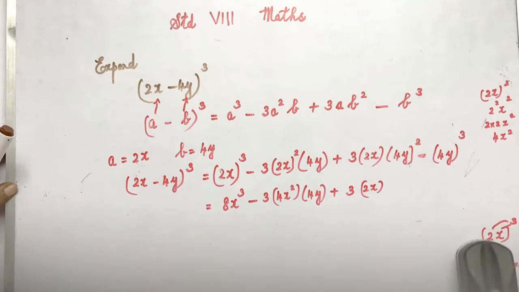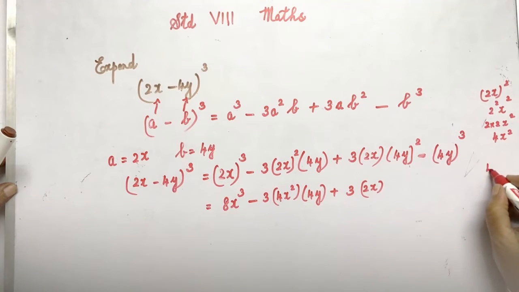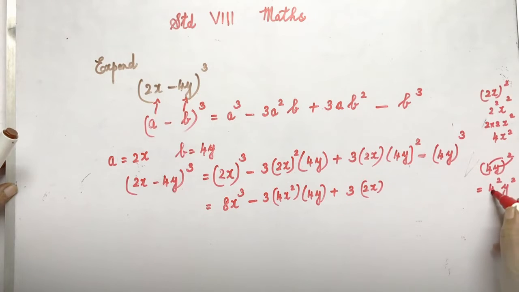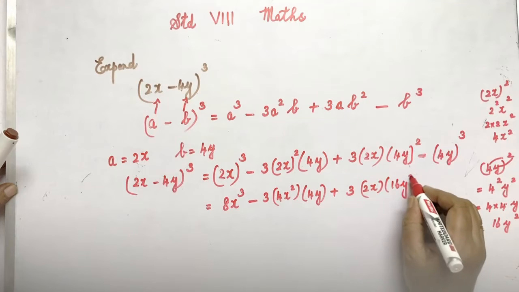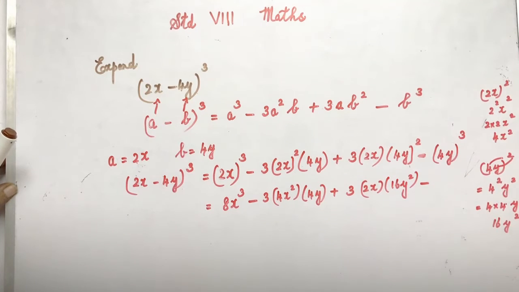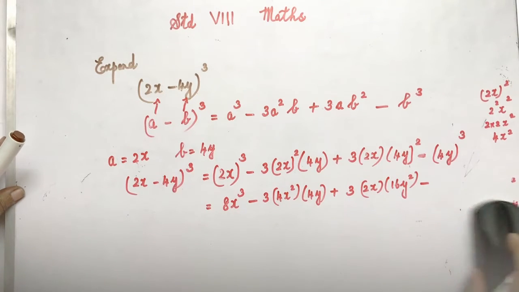Now (4y) whole squared is equal to 4 squared y squared. For 4 also squared, y also squared. 4 squared is 4 into 4, then y squared. 4 into 4 is 16 y squared. So into 16 y squared minus (4y) whole cube.